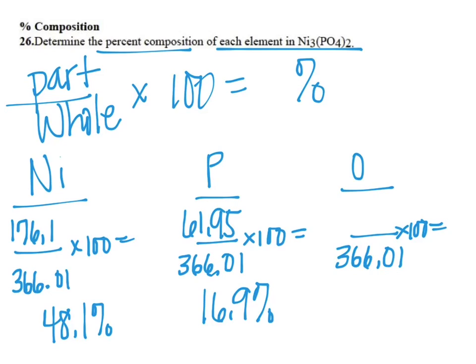And for oxygen, I got 127.99, for a total of 35.0%. And luckily, that all comes up to 100%. Any questions on percent composition? Okay, so the next question is, oops, not that.